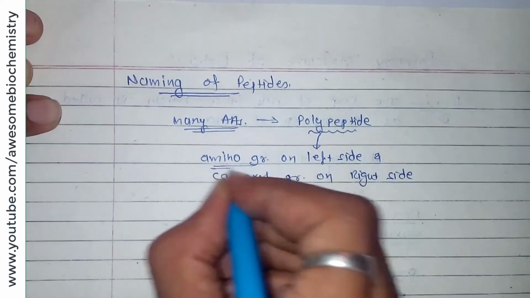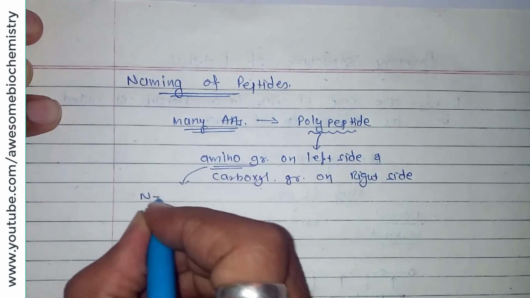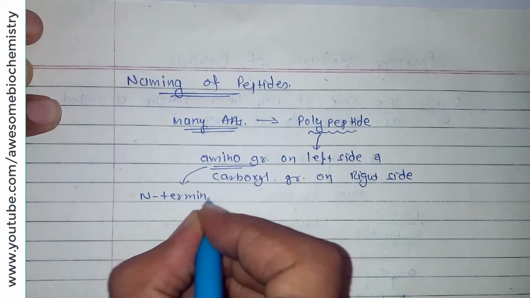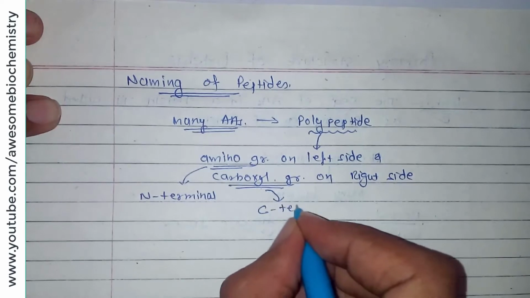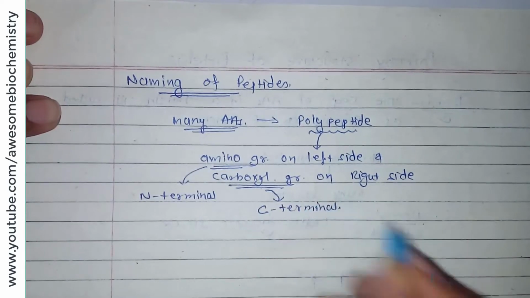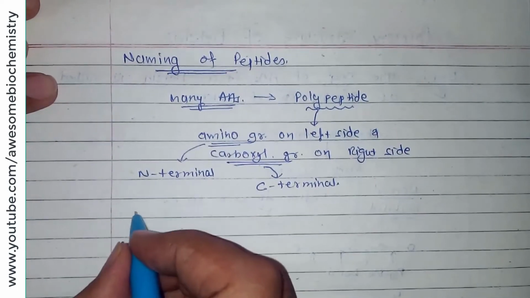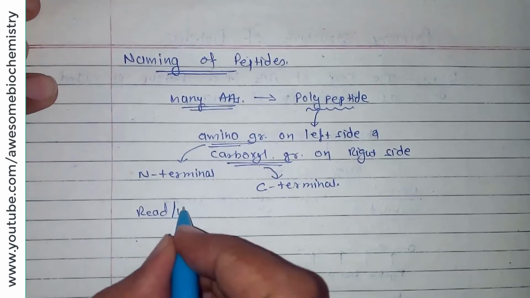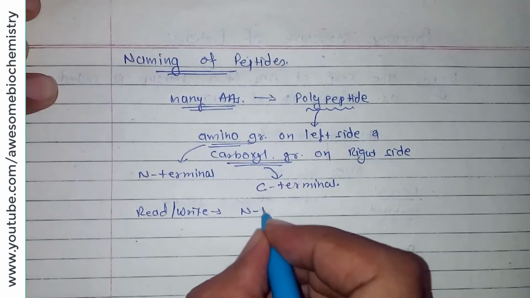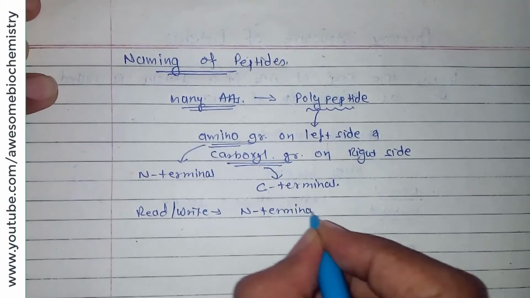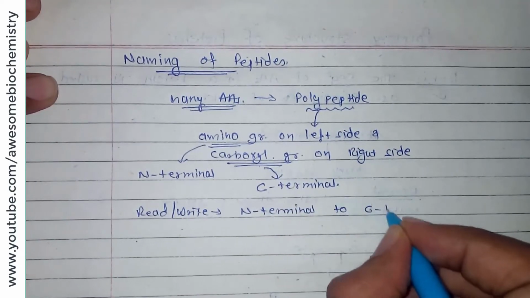And remember, the amino group is also called the N terminal, and the carboxyl group is also called the C terminal. So, whenever we want to read or write about the polypeptide chain, we always write from the N terminal to the C terminal.